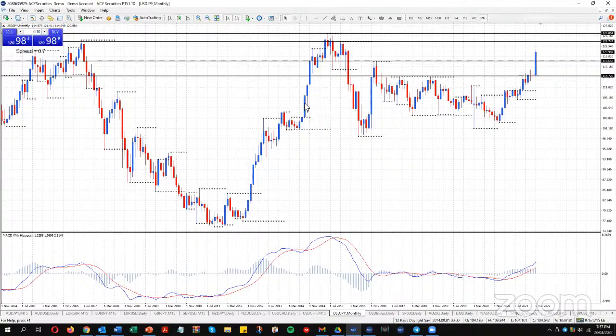And we had 1, 2, 3, 4 months up. But what you'll notice in the next month is that we pulled back within that candle before putting in a fresh high and a further move up, all right?